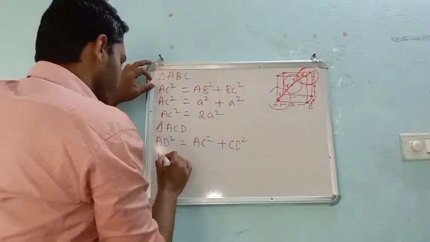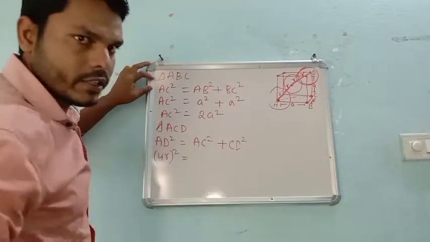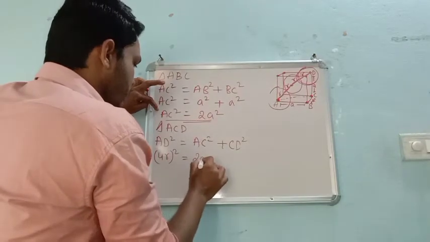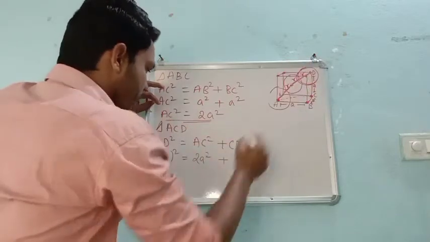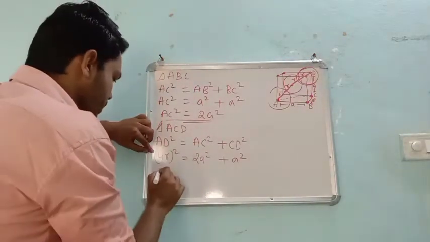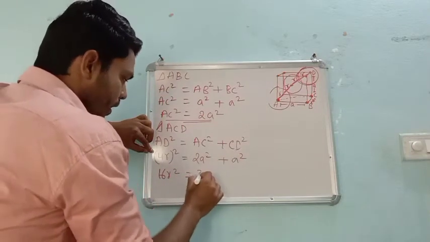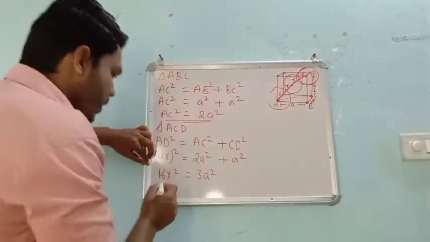So thus 4R whole square. AC square we already got, that is 2A square, directly we can put, and then CD square is again A square. So 4 4s are 16, 16R square is equal to 2A square plus A square, 3A square, right?